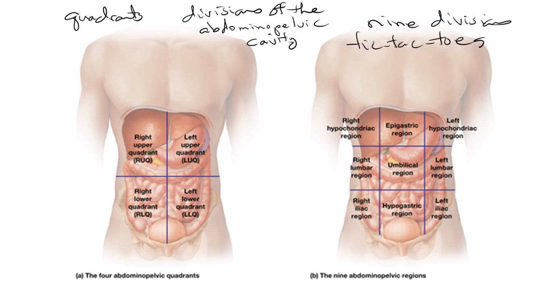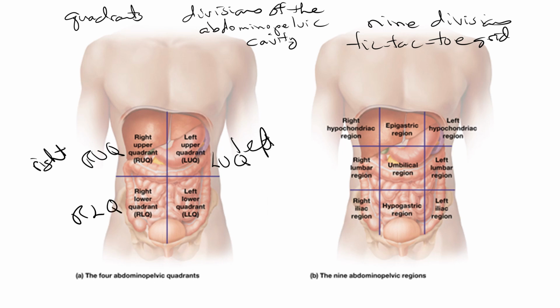So it's pretty easy. In the quadrants, remember your right from left. Because you're looking at the patient, you're talking about their right and their left. So this is the right upper quadrant, this is the left upper quadrant, this is the right lower quadrant, and this is the left lower quadrant.